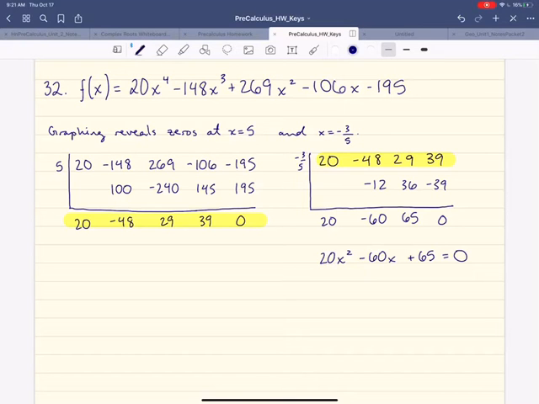So first, I make this easier by factoring out 5. And then I'm going to plug 4, negative 12, and 13 into the quadratic formula.